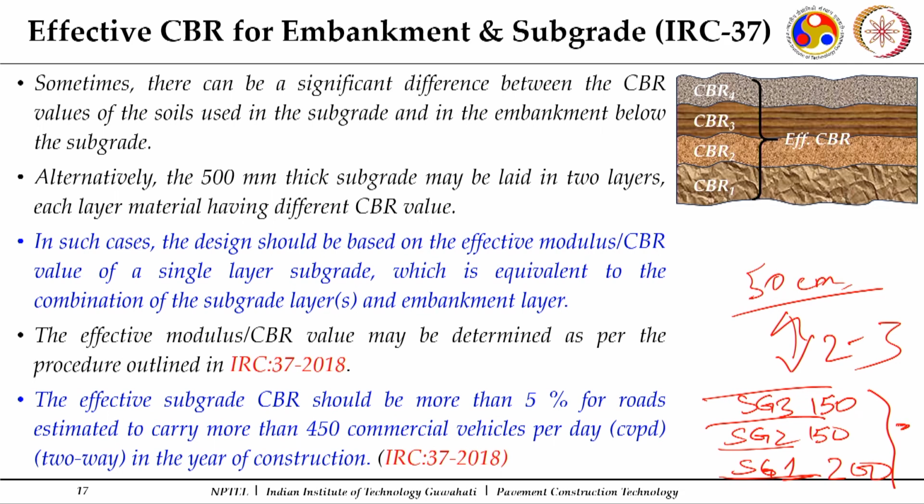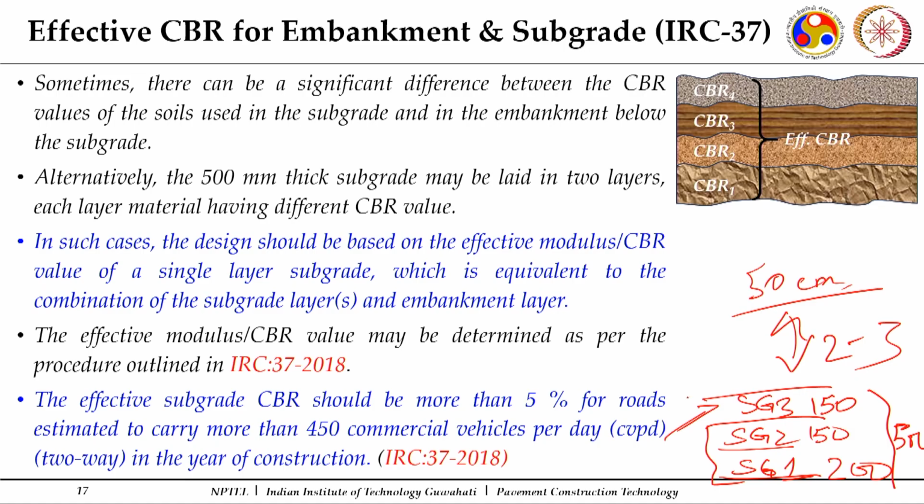So, this gives me my 500 mm. Now, the soil which I have used in these first two layers is the same soil, but what I finally got for the third layer is much different. The CBR of this particular soil is much different from the underlying layers, because here I used one borrow area, here I used the third. You will not prefer to do it, but still there are limitations which exist in the actual field.